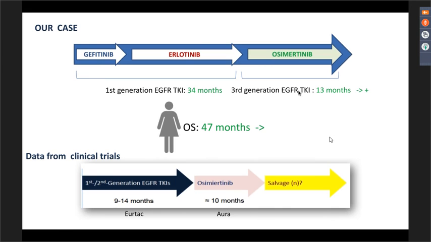Data from clinical trials say that using first or second generation TKIs, the overall survival increases by 9 to 14 months. And osimertinib used in second line therapy adds 10 months more to the overall survival.